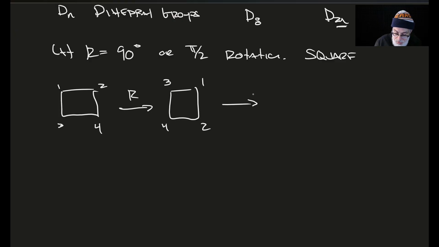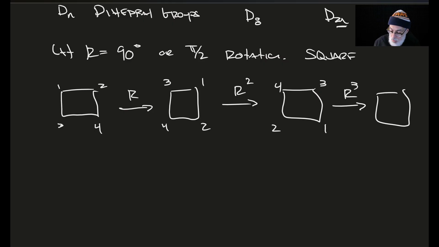And then if I do it again, in other words, I'm rotating it twice by 90 degrees. Now I'm going to send 1 here, 2 here, 4 here, and 3 here. Let's do it again. We're going to keep doing this until we get back to the original square.